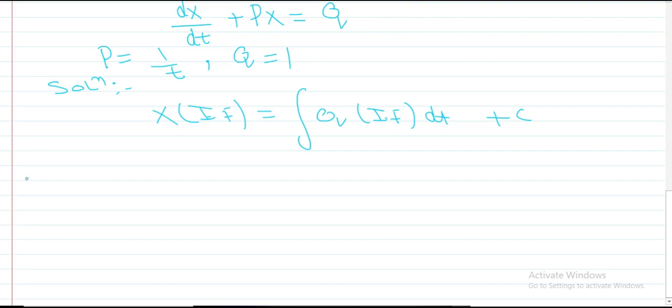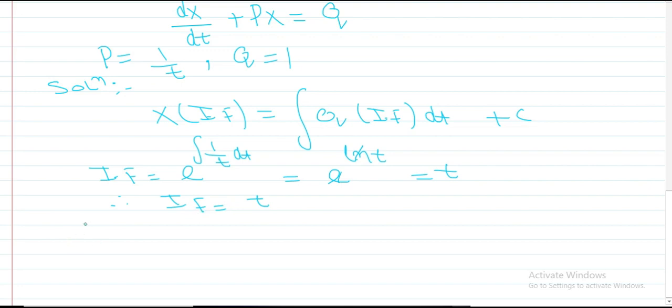Here the integrating factor is e raised to the power integral of p dt. What is p? That is 1/t dt, so e raised to the power of the integration of 1/t, that is ln t. The e and ln cancel out, that's t. Therefore the integrating factor is t.